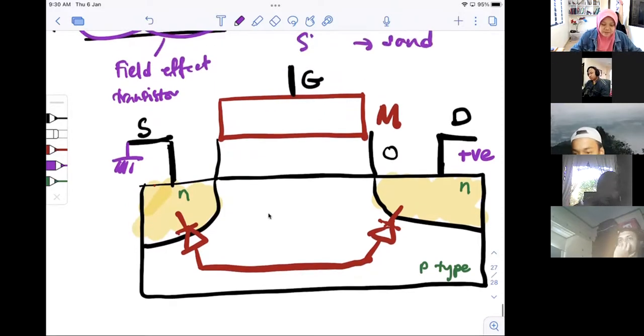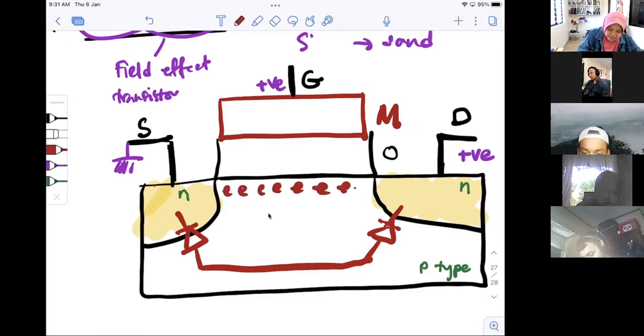Now I apply a positive voltage at the gate. Rahimi told me earlier, what happens is you repel the holes and you attract the minority carriers to the surface here. It will become like this. When you have attracted enough free electrons, or free carriers, to the surface, you can see here, this one is the source, this is the drain.